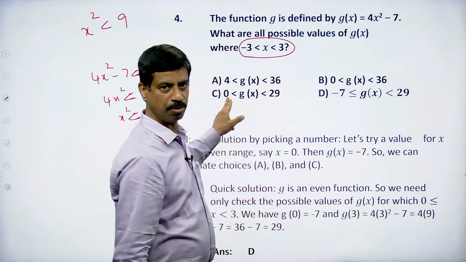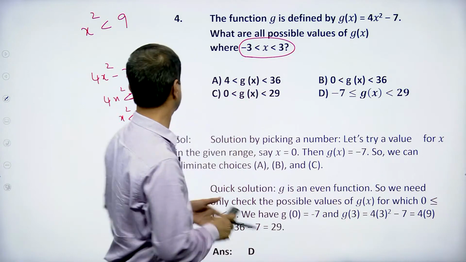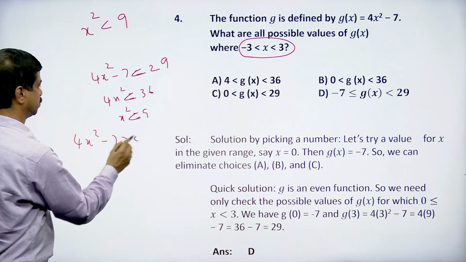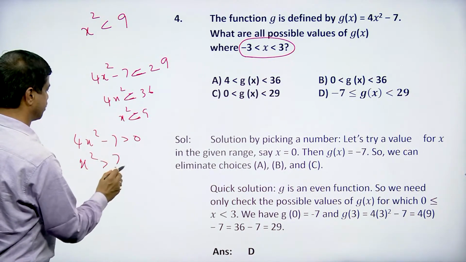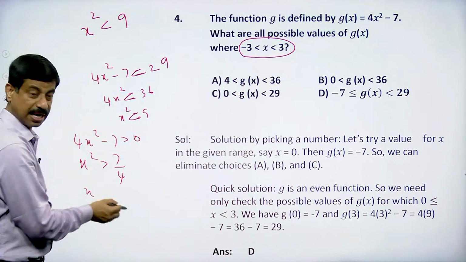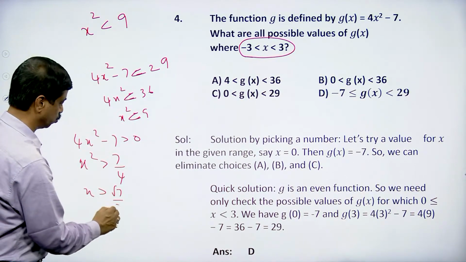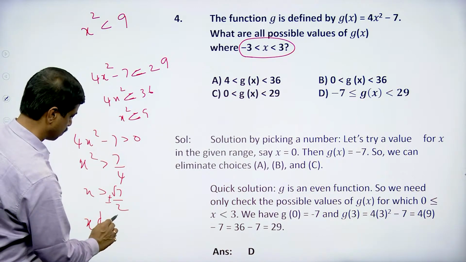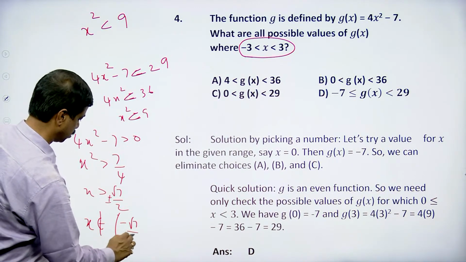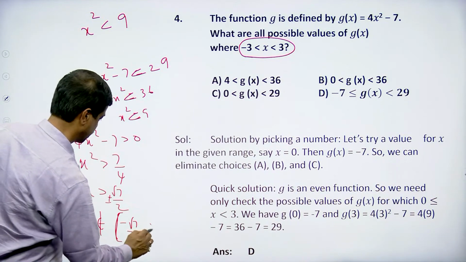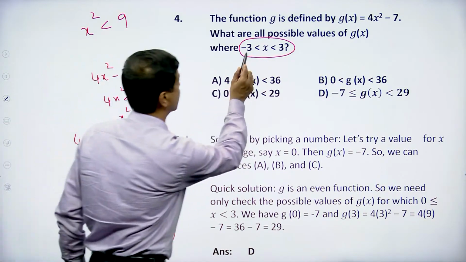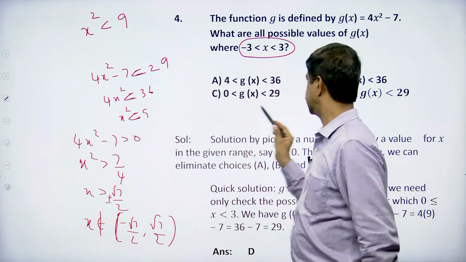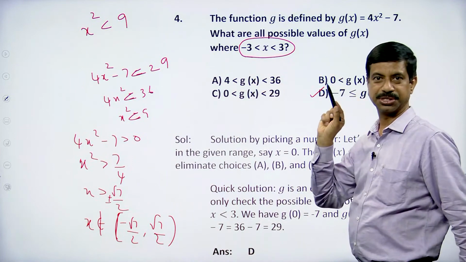If it is 0, then what happens? g of x means 4x square minus 7 is greater than 0. So x square is greater than 7 by 4, x greater than root 7 by 2, plus or minus, means x does not belong to (minus root 7 by 2, plus root 7 by 2), this part is hindered. So if that part should not be hindered, then this should be the more appropriate answer, children, okay?